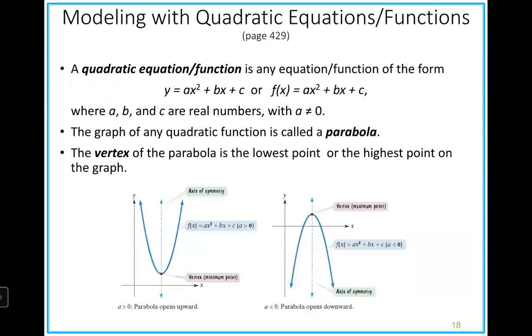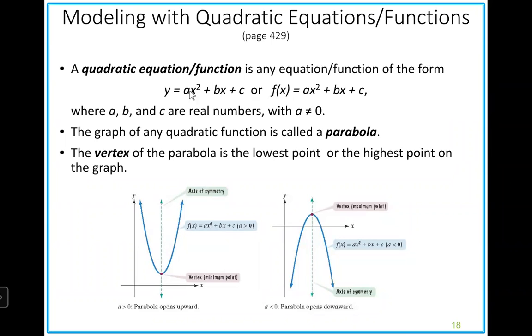Okay, so on page 429 of your book, they review what is a quadratic function. Okay, so this is the form. Sometimes it's written like this when we're talking about a function.